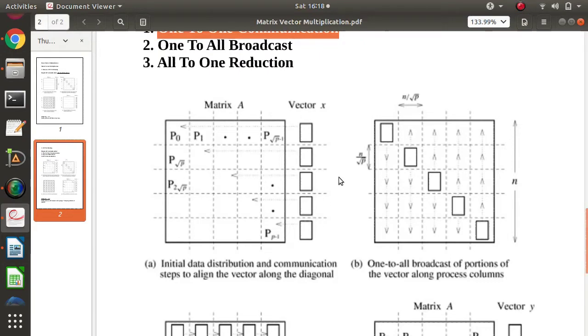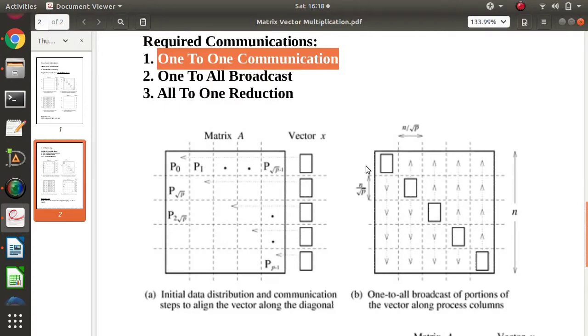Now see, in the next step, what will be done? The process which is holding this value will broadcast it to all the processes. Again, the same: this process will broadcast this value to all the processes.